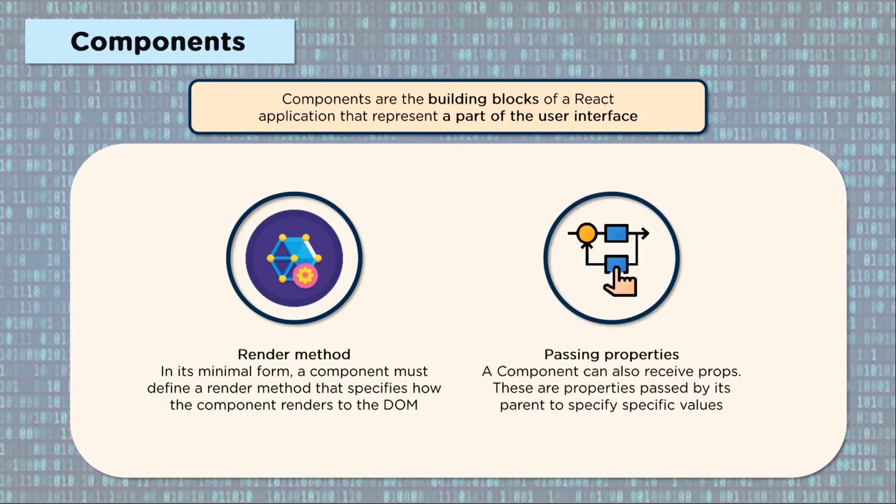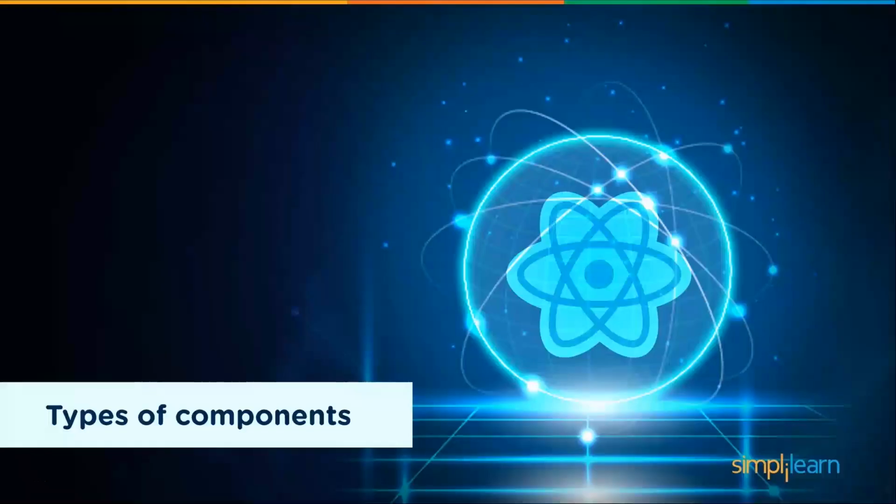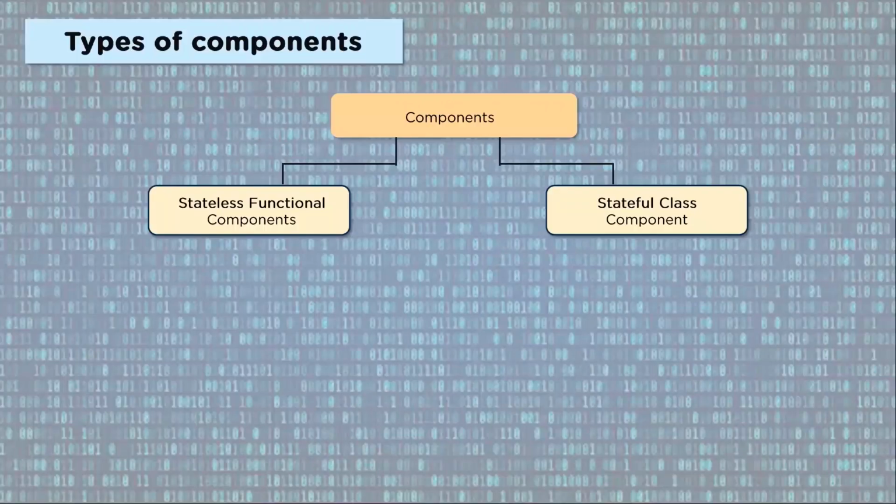Next, passing properties between components is again a very core aspect of React, where components communicate with each other by transmitting data in terms of properties, and a component can also receive props, and these are basically data points or data values that are passed by the parent to the child component. Components are further categorized into certain categories that we are going to talk about.